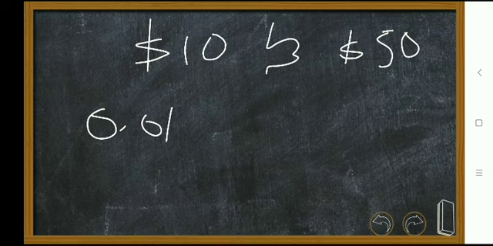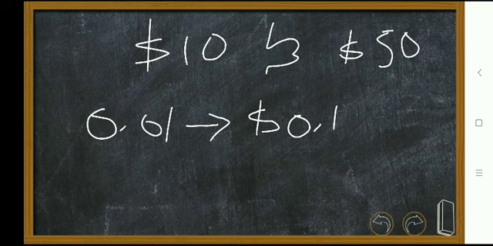So, this lot size will give you 10 cents per pip. So since it's 10 cents per pip, and you are saying 20 pips, that means you'll multiply those 10 cents by 20 pips.